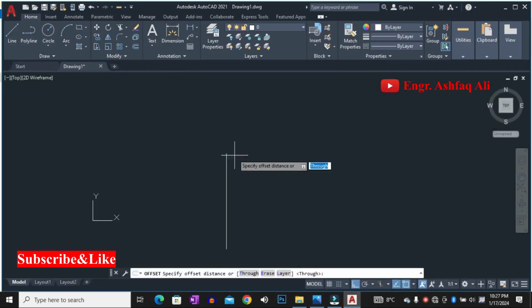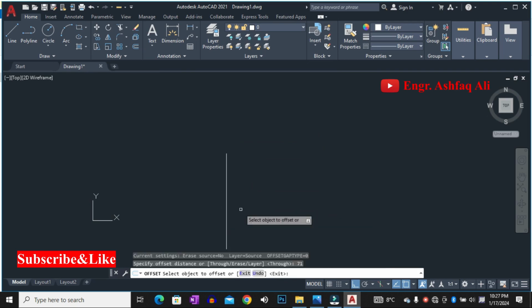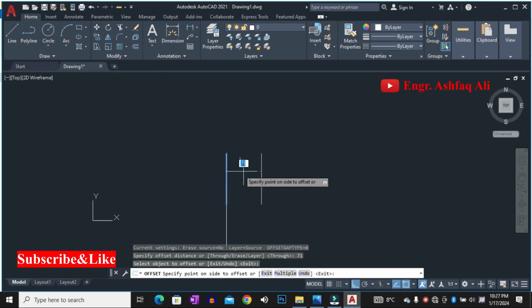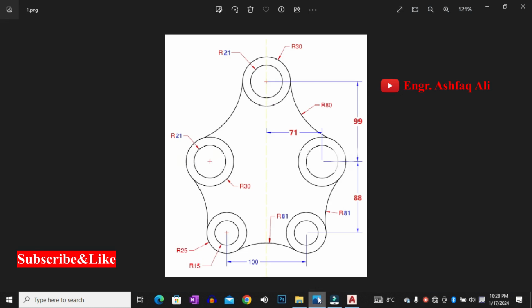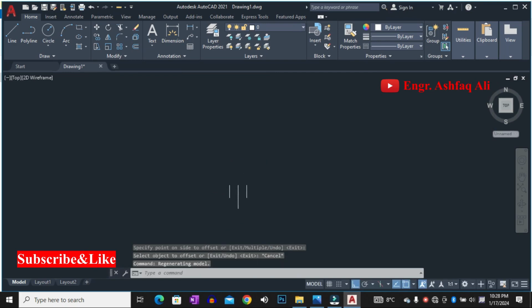Again, I am going to offset this line at a distance of 71 on either side. My figure, the above portion, and at the below we will offset this line at a distance of 50.